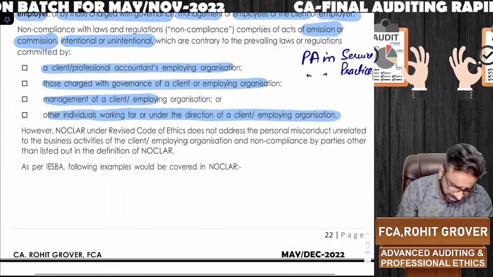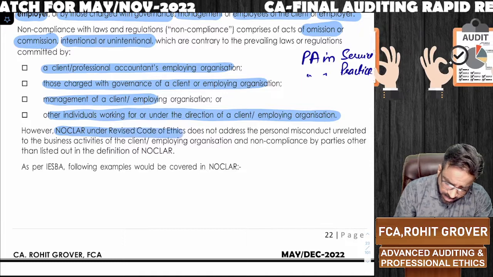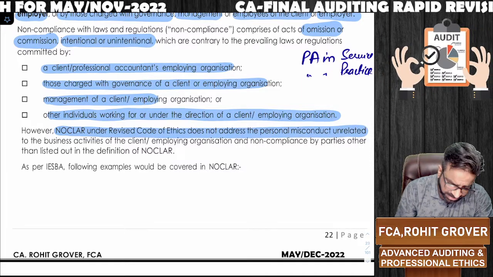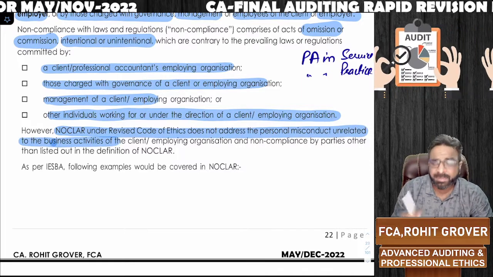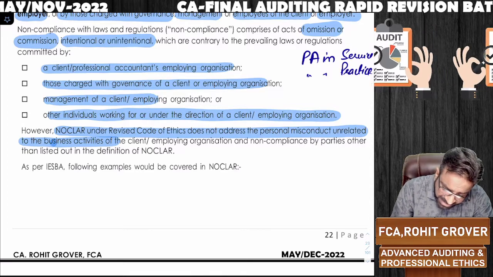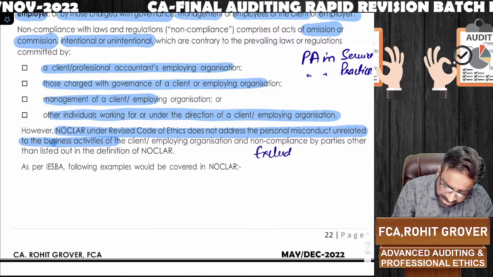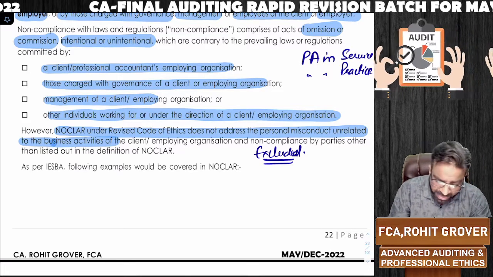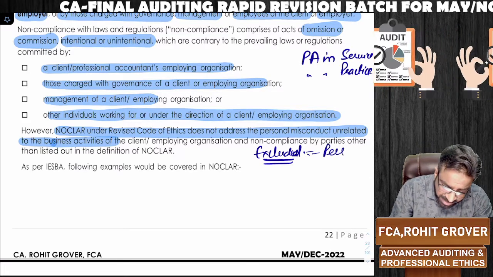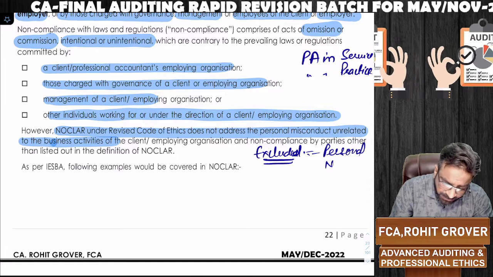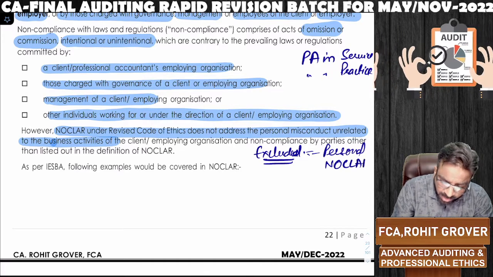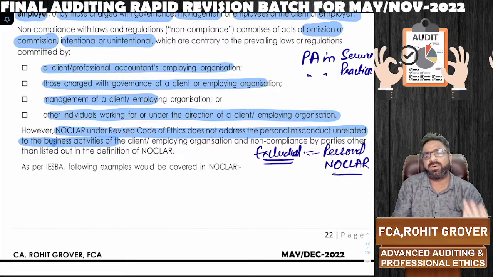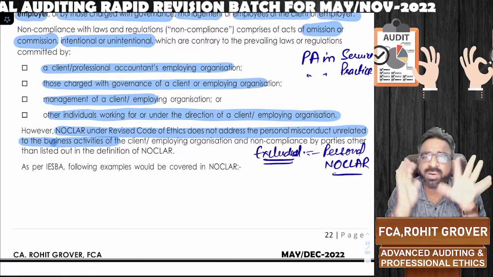Now, next, NOCLAR under the revised code of ethics does not address personal misconduct unrelated to the business. Remember one thing, in NOCLAR, what is excluded? If any MD, CEO or CFO has done any personal non-compliance, if it is a personal NOCLAR of any CEO, MD or CFO, that is not required to be reported here.